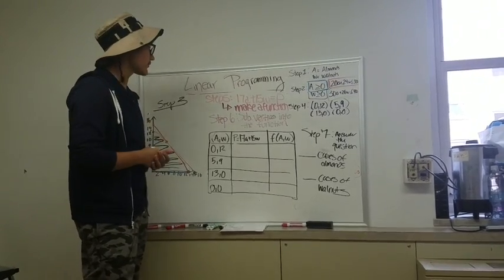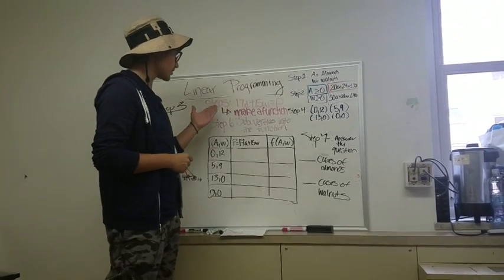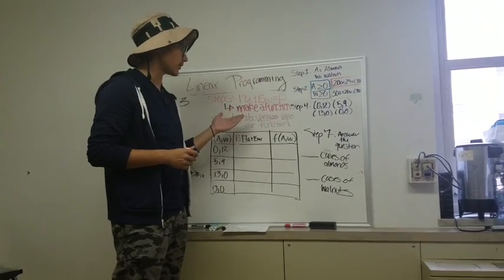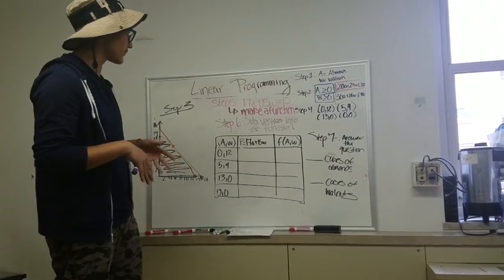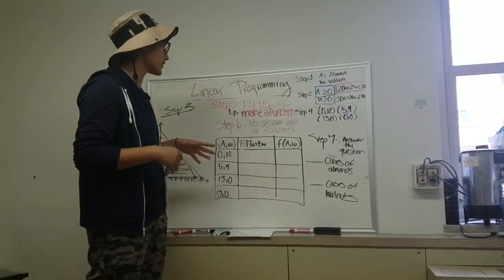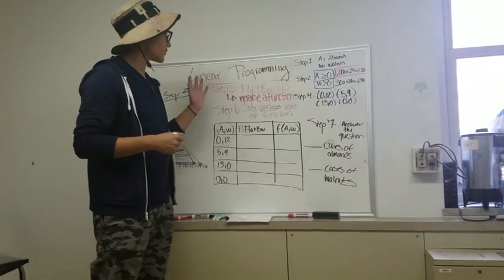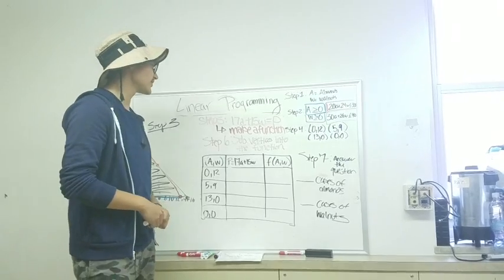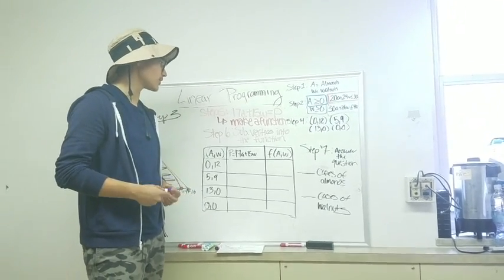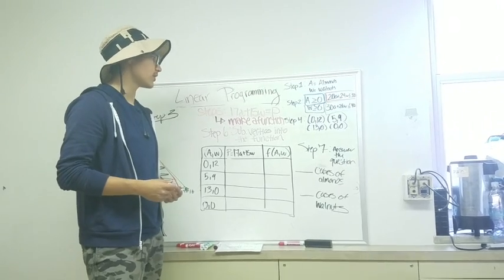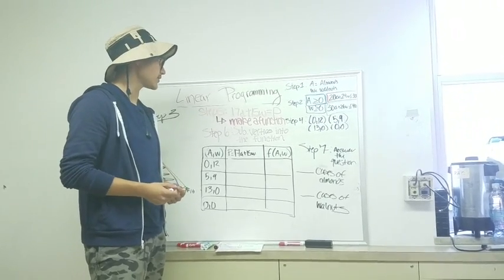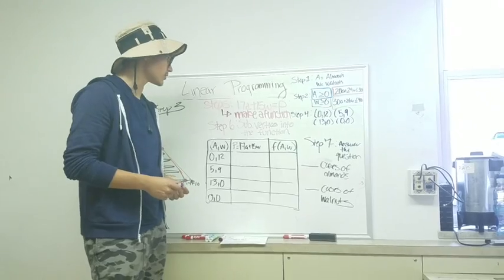So for step 5, you're going to make a function, which is 17a plus 15w. That's going to be your profit for your sales on almonds and walnuts, because you have 17 profit for each almond and 15 profit for each walnut.